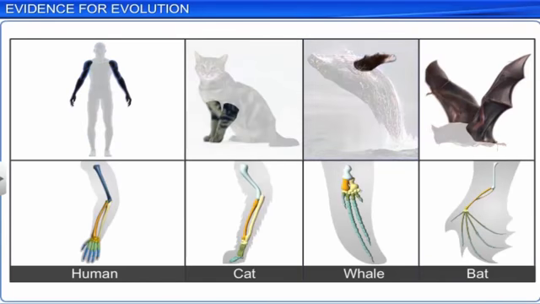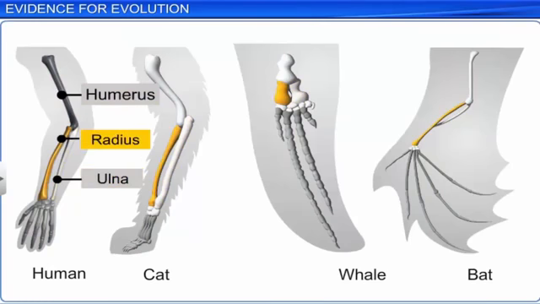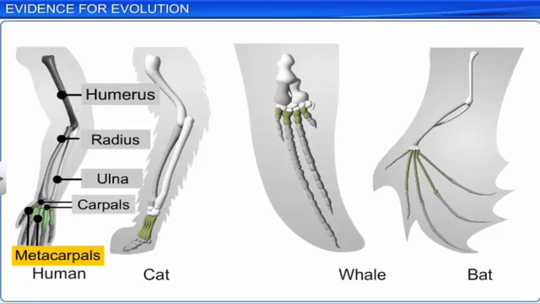all of them have similar patterns of bones in their forelimbs. For example, bones such as the humerus, ulna, radius, carpals, metacarpals, and phalanges are common in the forelimbs of all mammals.